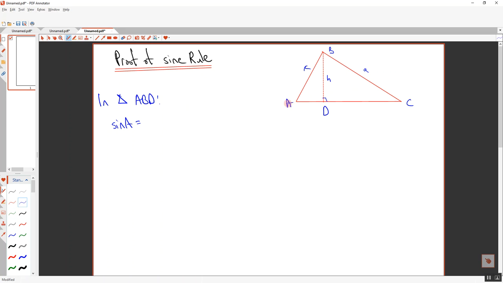Opposite over hypotenuse, H over C. And I can rewrite this just by saying that H is equal to C times sine A.